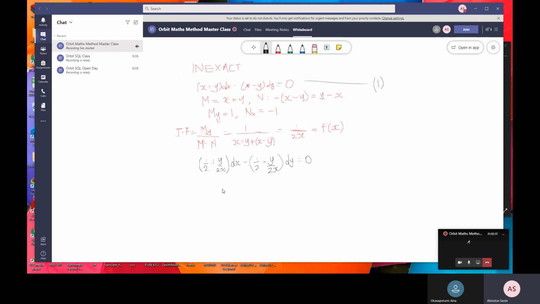So if I'm solving this problem now and I want to check whether it's exact, my M now will be half plus y over 2x, and my N is going to be y over 2x minus half.